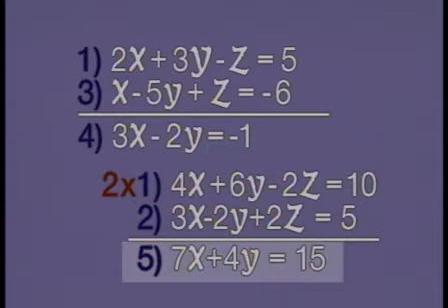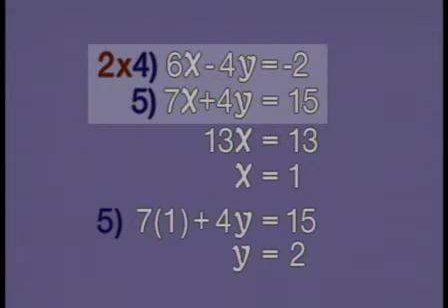Now what do we have? We have two equations with two variables. And in the next visual, we're going to work to eliminate one of those letters just as we did in lesson 11. And we have equation 4 and equation 5. And notice if we multiply equation 4 by 2, we now have a negative 4y. We already have a positive 4y in equation 5.